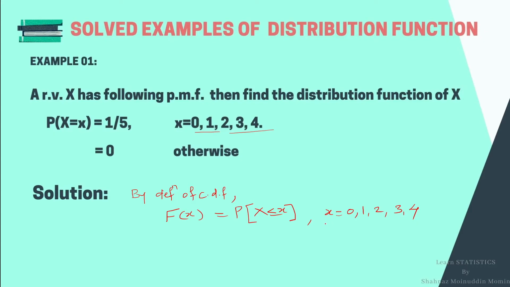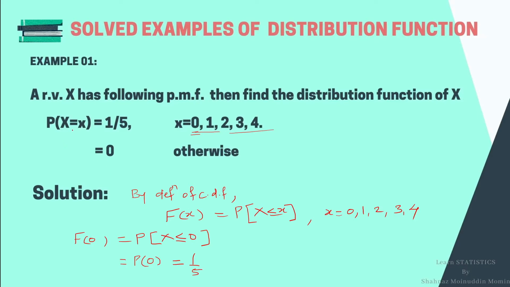Here we have to calculate the value of f for all these 5 values. So let us start with x equal to 0. Therefore f of 0, by definition, is probability x less than or equal to 0. We know that our value of variable starts from 0. So there is no value less than 0. Hence it is equal to probability x equal to 0, and which is 1 upon 5.